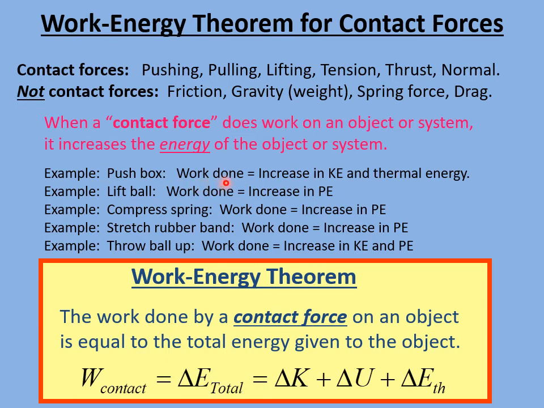The work done by your push is equal to the increase in kinetic energy and thermal energy of the box. When you lift a ball, the work that you do increases the potential energy of the ball. When you compress a spring, the work that you do by pushing on the spring increases the spring's elastic potential energy. When you stretch a rubber band, again, you're pulling on the rubber band. So this is a contact force.